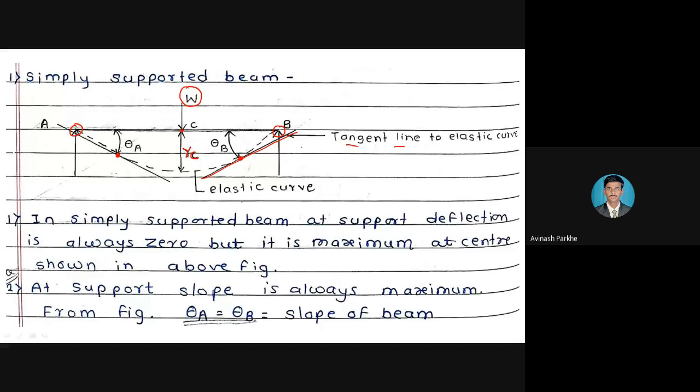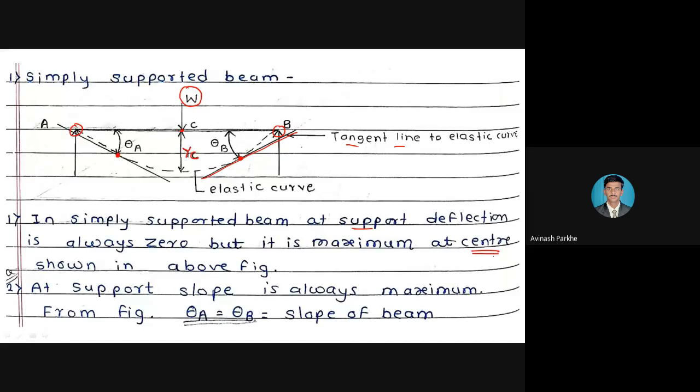But in case of a simply supported beam, the deflection is always zero at the support. At the support points the deflection is always zero, but it is maximum at the center point. Please keep in mind, based on this statement, 101% an MCQ question will be there: where slope is zero, where slope is maximum, where deflection is zero, where deflection is maximum.